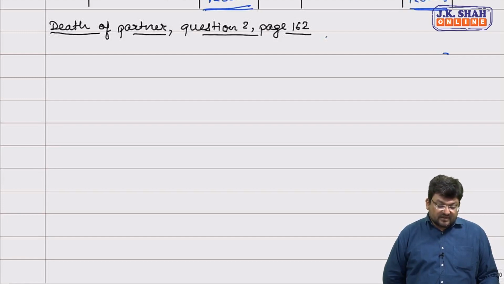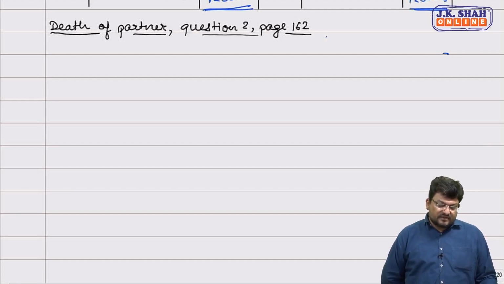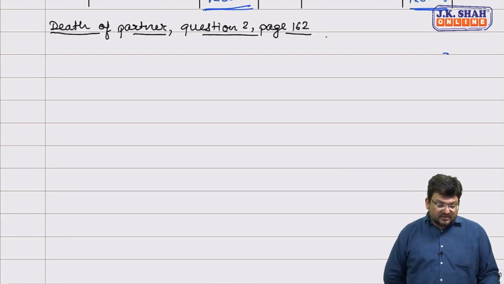So 50,000, 60,000 and 30,000 is the amount of policy for which premium is paid by the firm. Surrender value of A's policy was 50%, whereas C's policy it was 40% of policy amount. Goodwill was evaluated at twice the average profit, which was 3,600.